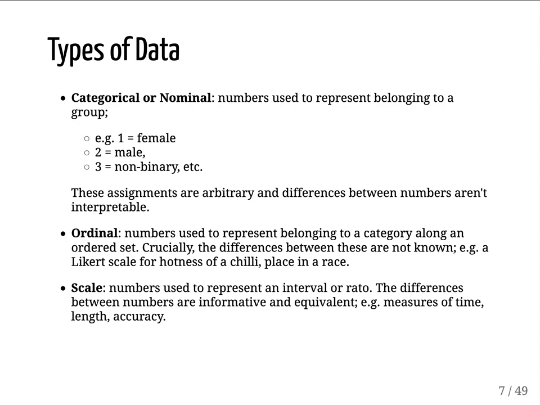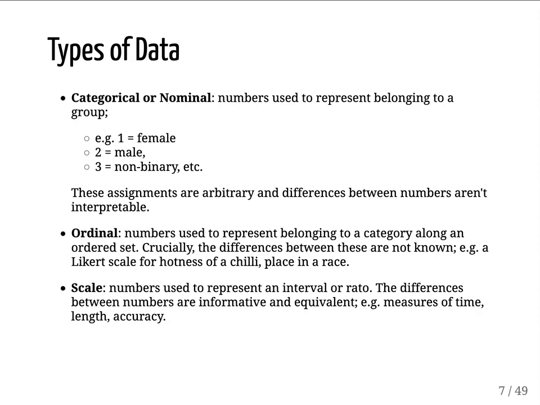Or I might record something like the conditions that people are in. Maybe I'm doing an experiment where I'm seeing whether there's an effect of my drug versus a placebo, so I might assign people the level of 1 or 2, corresponding to which category they belong to. What's important here is that the assignments of the numbers are arbitrary.